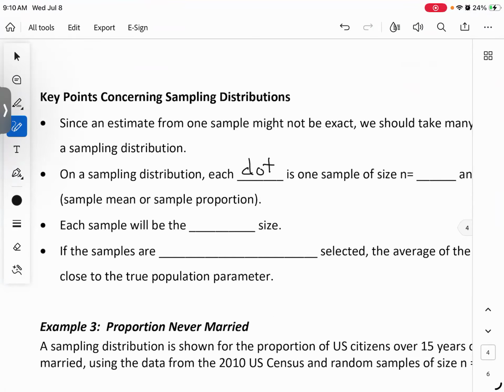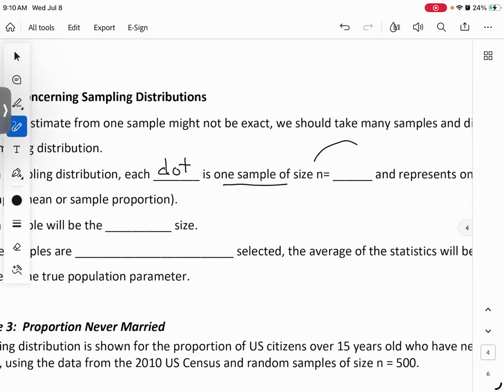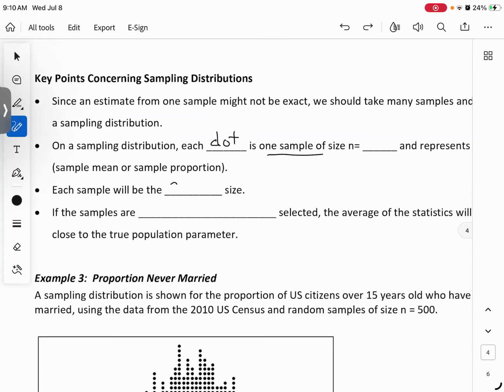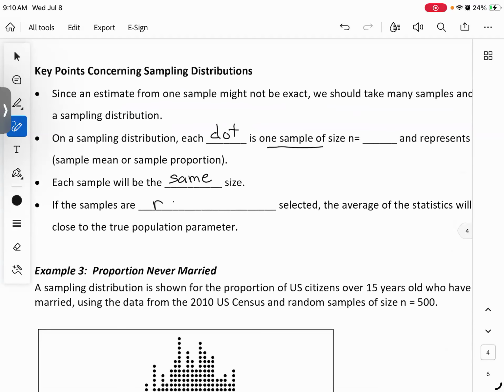Each dot was like 10 football players, or each dot is one sample of. Now I'm going to leave this blank. In the last one, each dot was like 10 random football players. And then each sample will be the same size. And things are being randomly generated.